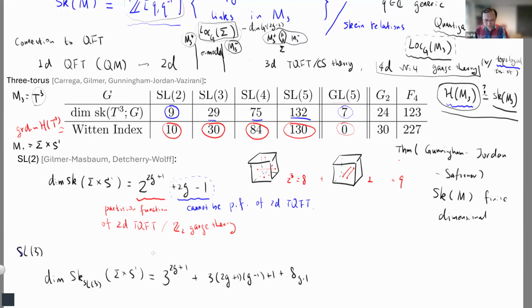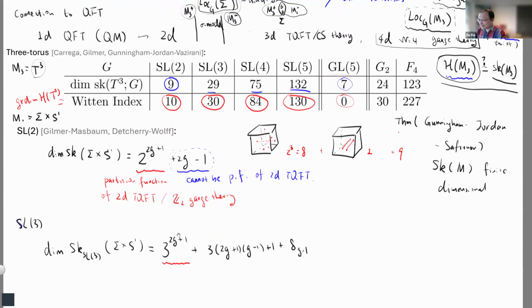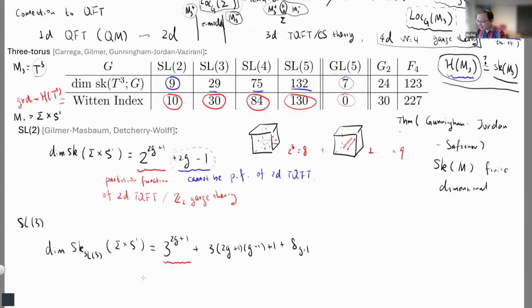Structurally, it's pretty similar to the previous one. There is a part that looks like a partition function of a 2D TQFT. In particular, in this case, it's basically a partition function of Z3 gauge theory.